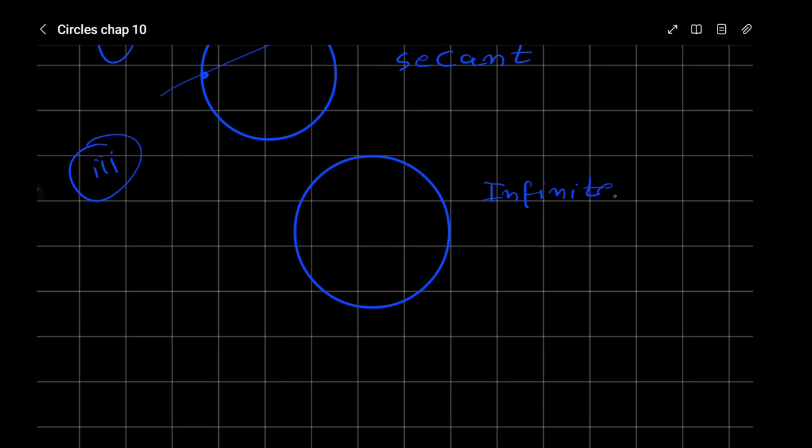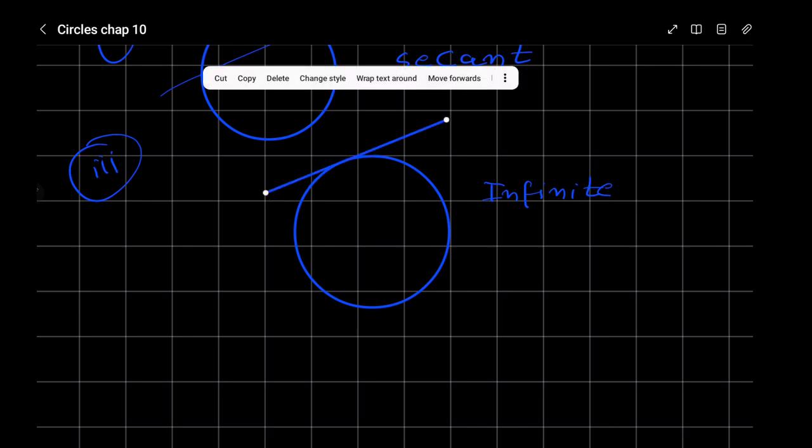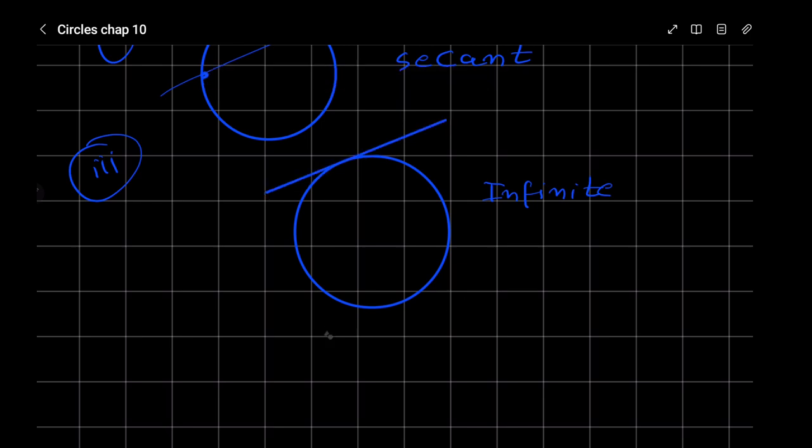For each and every tangent, for example, this is a tangent, there will be a corresponding parallel tangent here, so there will be an infinite number of parallel tangents.